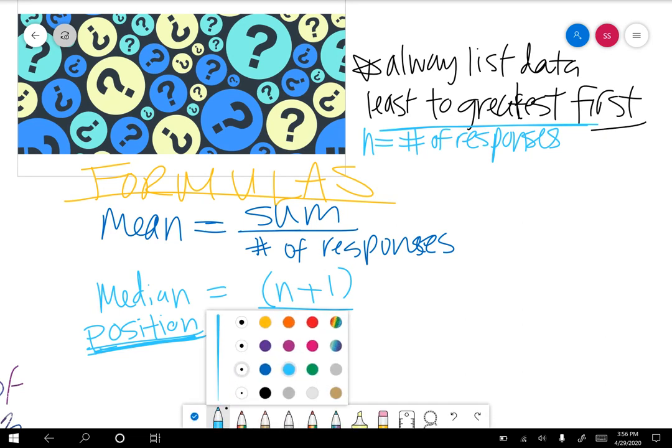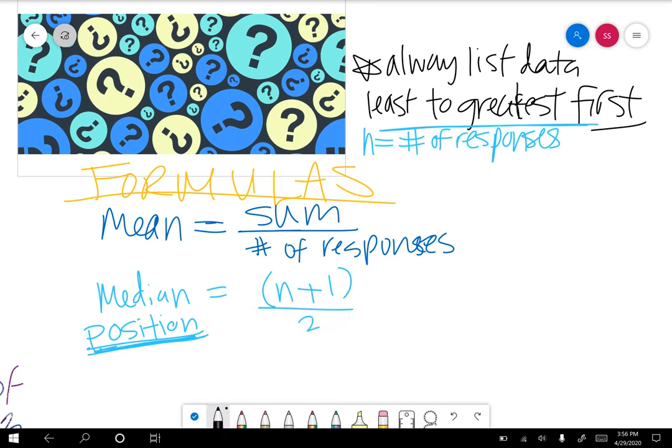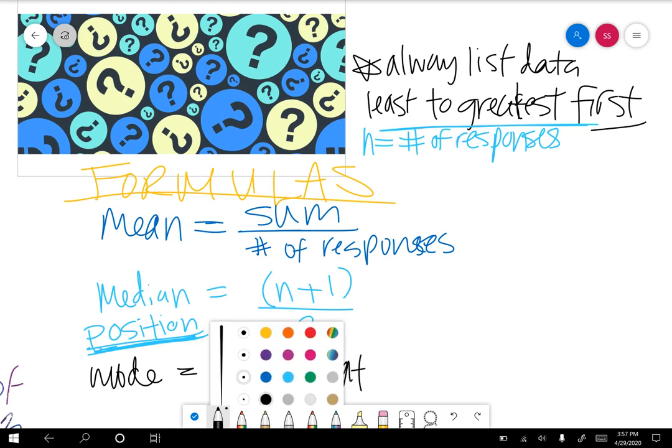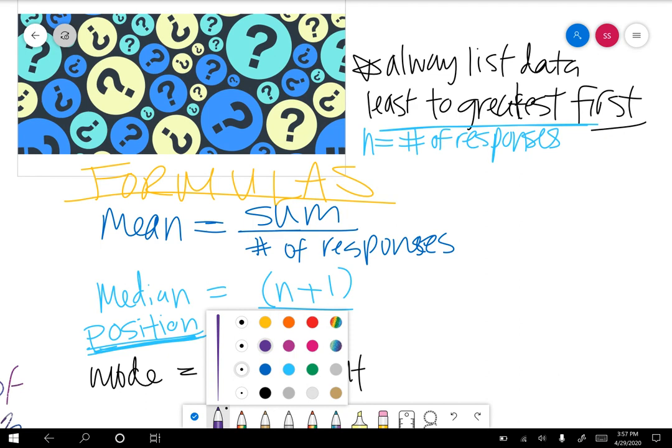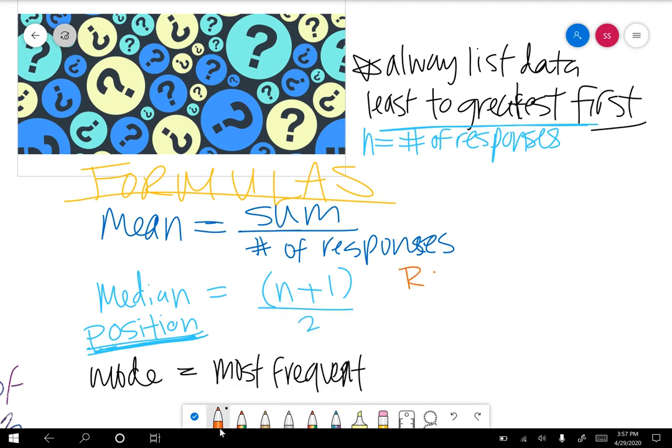Mode. Not really a formula for mode. It's just the most frequent. So which one occurs the most? Okay. Let's use orange. Range. Range is your maximum data value minus your minimum.